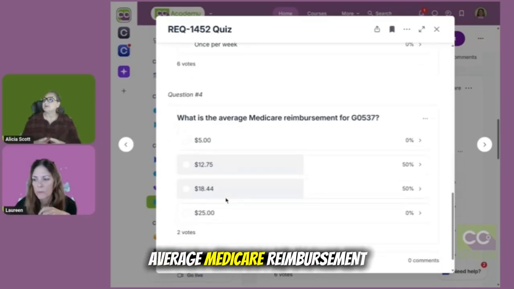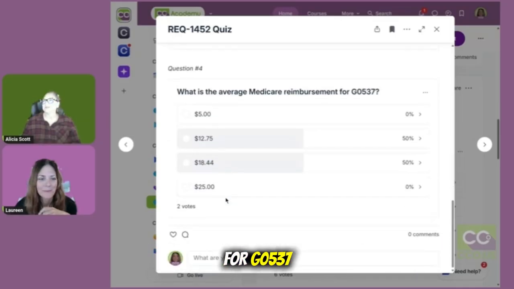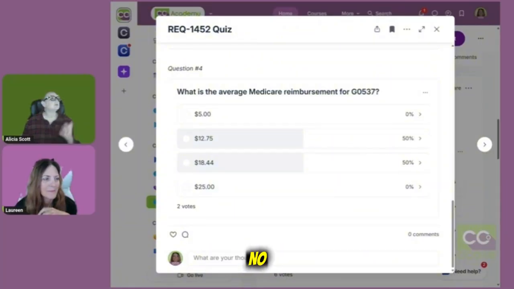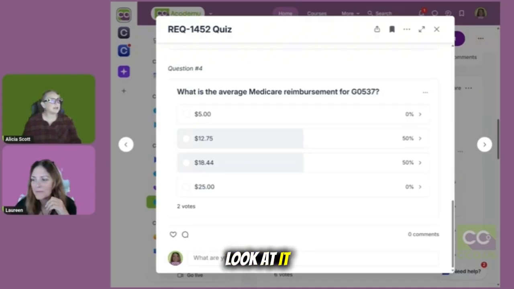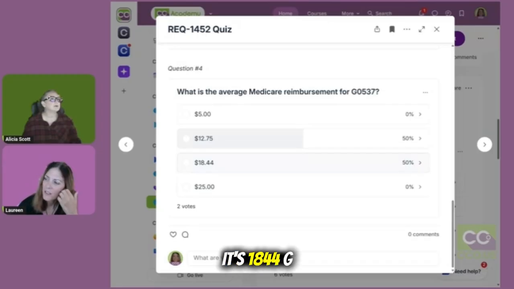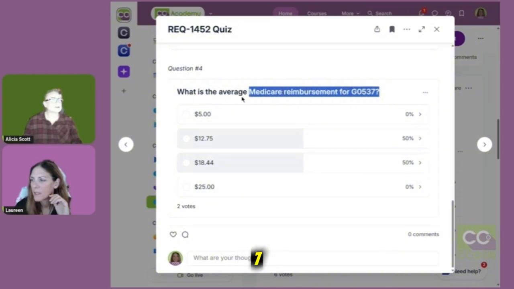What is the average Medicare reimbursement for G0537? We didn't talk about that, but I can go into Find-A-Code. I almost thought about this. Let me just bring up Find-A-Code because I can go in and look at it with that. Let me sign in. G0537.